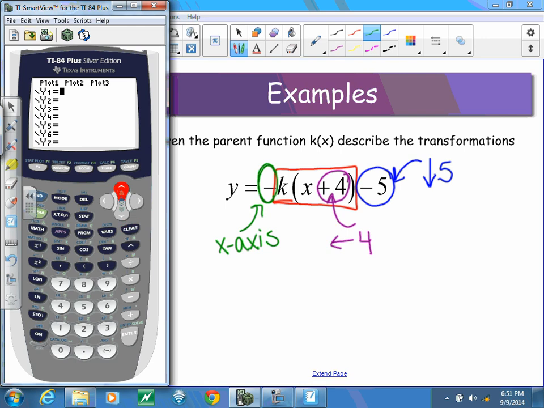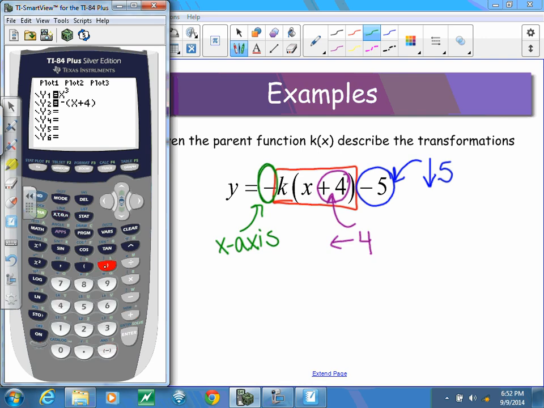I'm going to take a graph that works really well for being reflected over the x-axis, and we're going to take the cubing function, so x to the 3rd power. Okay, so there's my graph. Now let's see what happens when we use this graph and we plug it in. So into y2, I'm going to put negative, and then in parentheses, I'm going to take x plus 4.